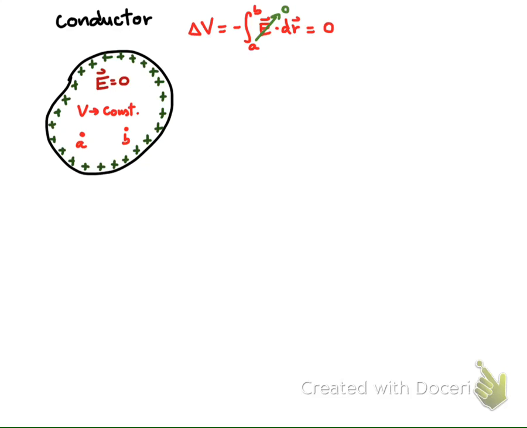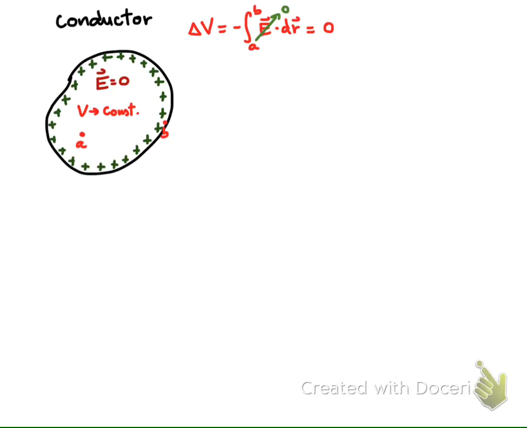Now, what is the value of the electric potential inside the conductor? We can answer this question by, for example, moving the point B to the surface of the conductor, just at the surface.